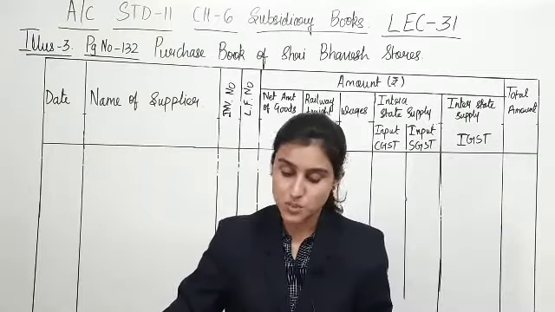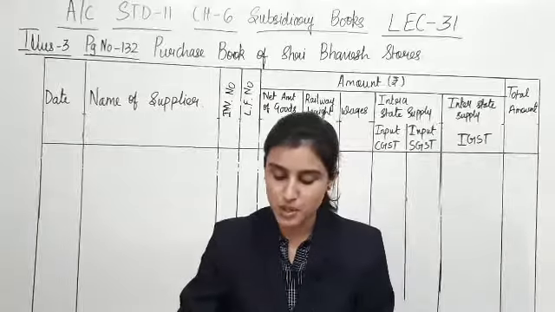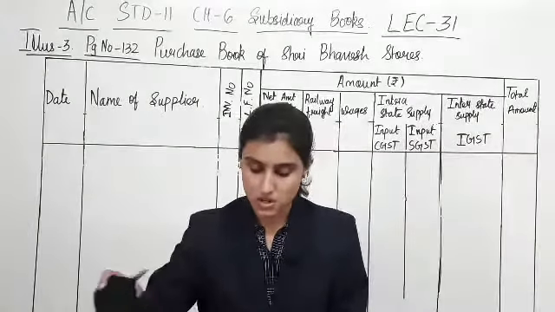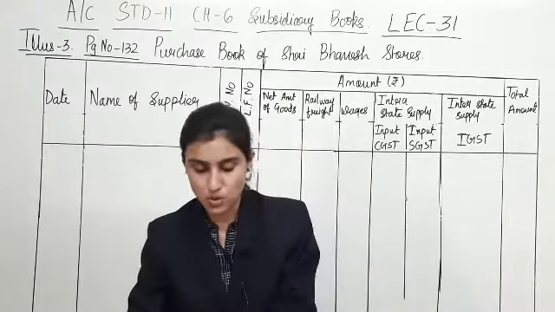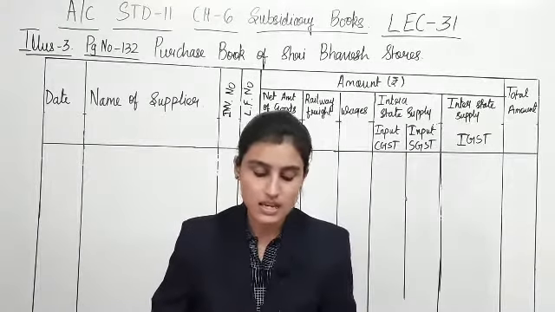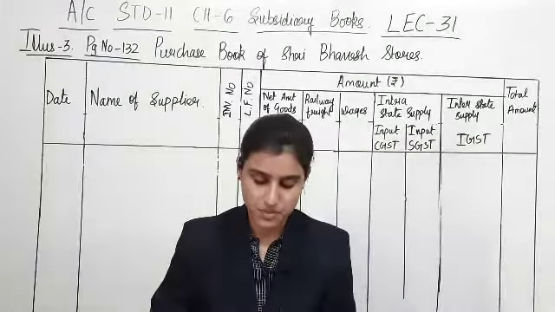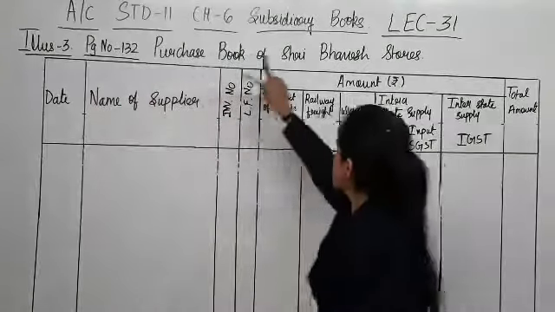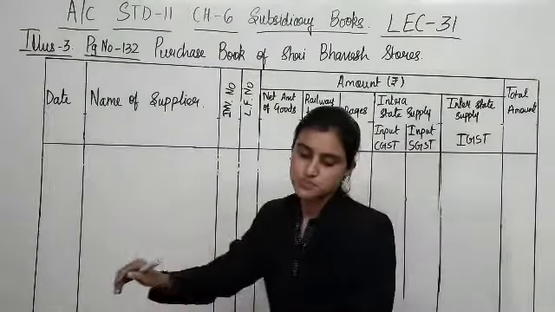Before that we are supposed to read: Bhavesh Stores of Ahmedabad is a cloth merchant. Prepare his purchase book in his books of accounts inclusive of expenses. So this is the purchase book of Shri Bhavesh Stores including the columns of expenses.